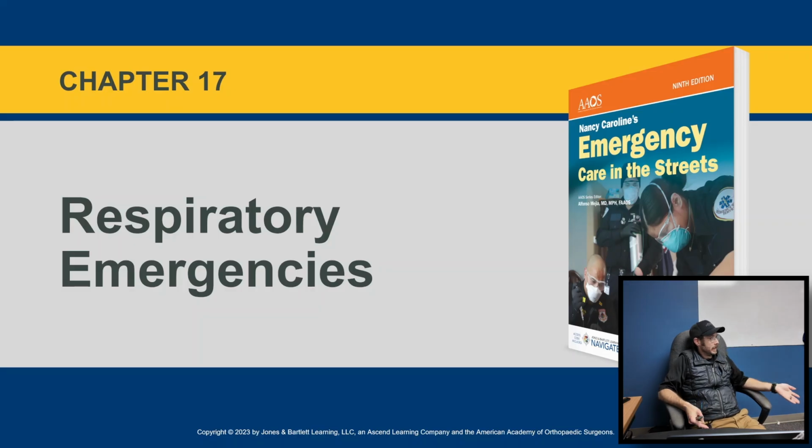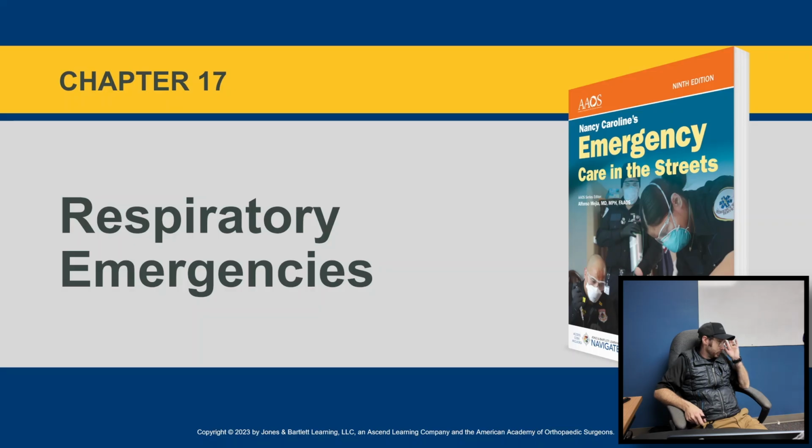So when the left side has trouble pumping the blood out to the body, where does that blood then back up into? The lungs. And that's where you get your pulmonary edema and all that kind of stuff. And then that will cause right-sided heart failure because then it's having to pump against all of that excess pressure in the lungs.